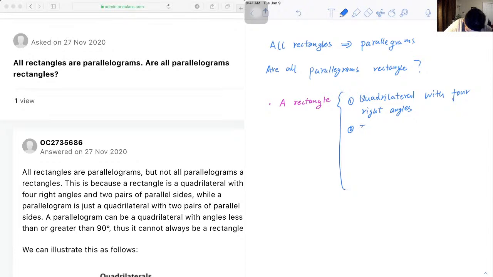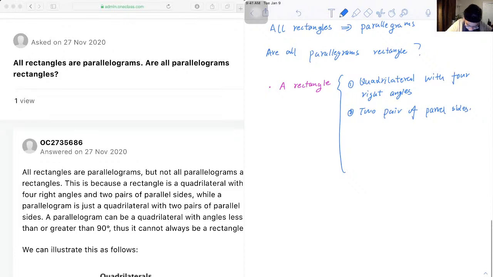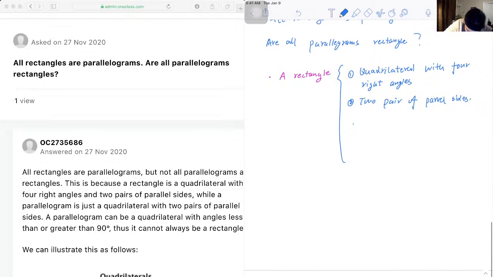Okay, 2 pairs of parallel sides. So there's a definition for rectangle. Could be something that looks like this.